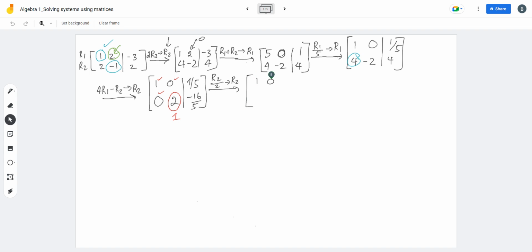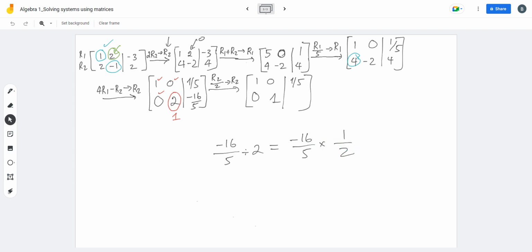So row 1 you don't do anything, so just rewrite the numbers. 0 divided by 2 is 0. 2 divided by 2 is 1, and minus 16 over 5 divided by 2, right? So that would be equal to what? That would be equal to minus 16 over 5 multiplied by 1 over 2.